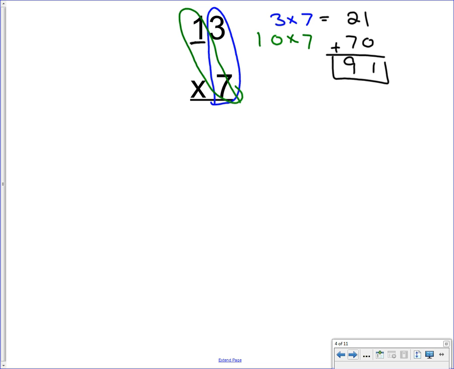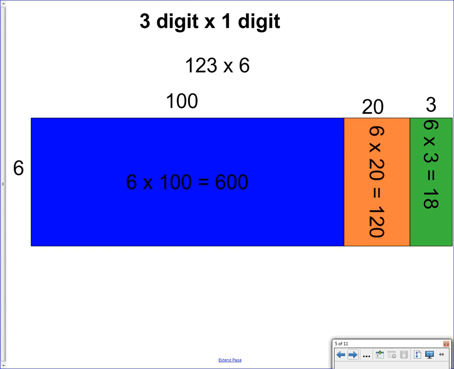Now, let's try multiplying by a 3-digit number. So here I have 123 times 6. I've already broken it apart and decomposed it to be 100 plus 20 plus 3. Now, some of you are being clever, and you know that this is expanded notation.